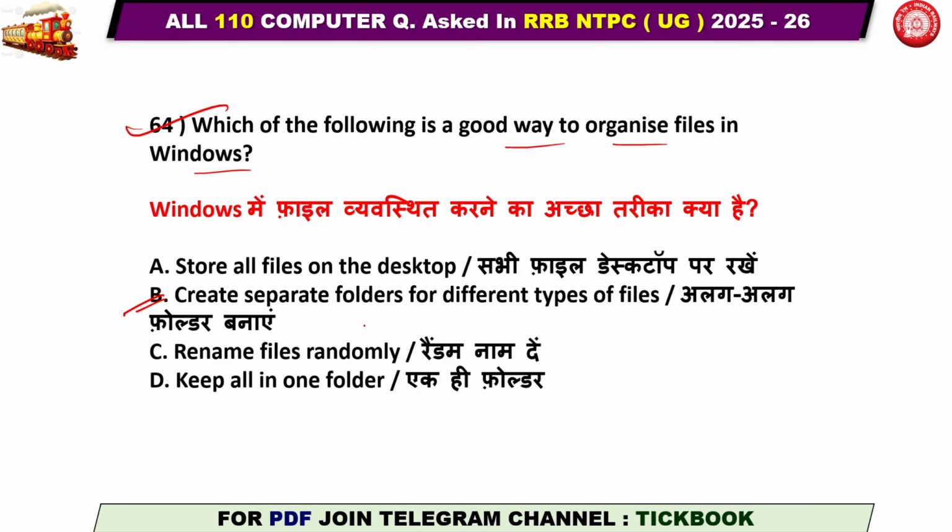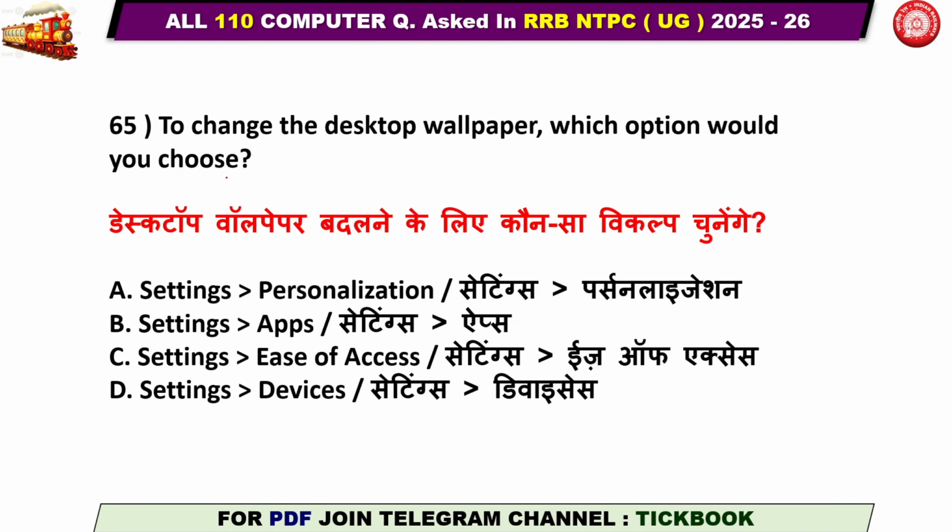Option number B, create separate folders for different types of files. 65. To change the desktop wallpaper, which option would you choose? Option number A, settings and then personalization.